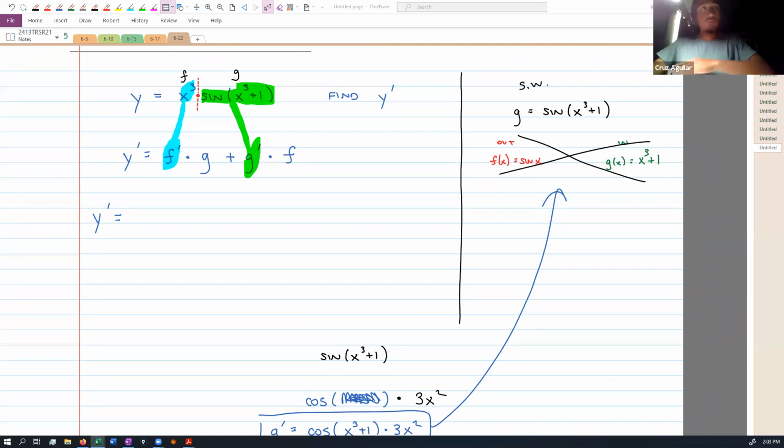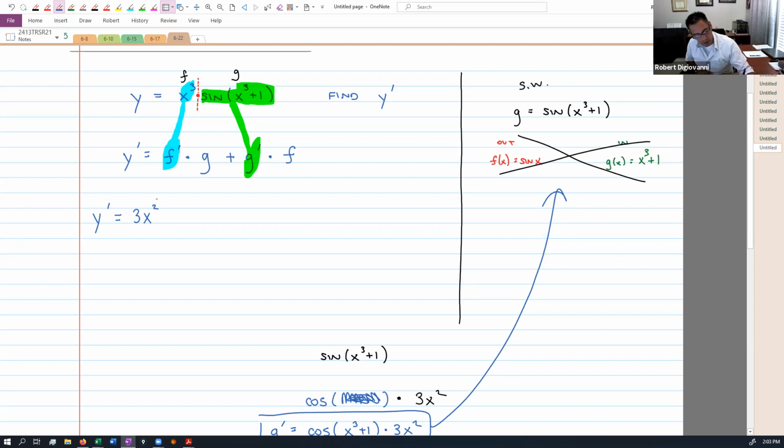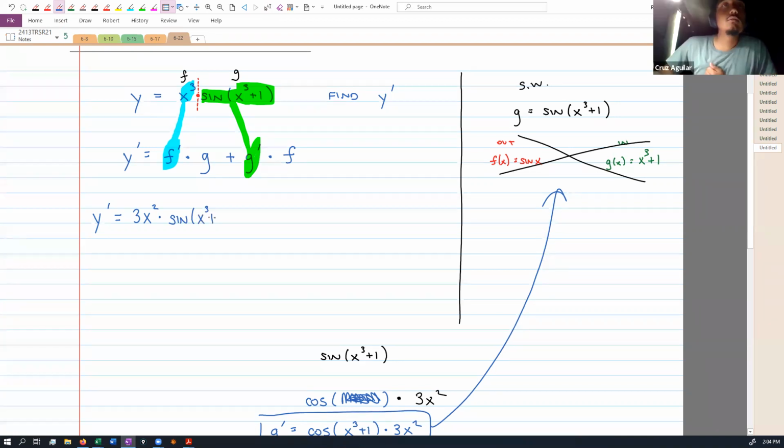Yes. Okay, walk me through the product rule on this. So what do you got? Okay, we're going to take the derivative of f of x first, which is 3x squared, times g, which is sine of x cubed plus 1.